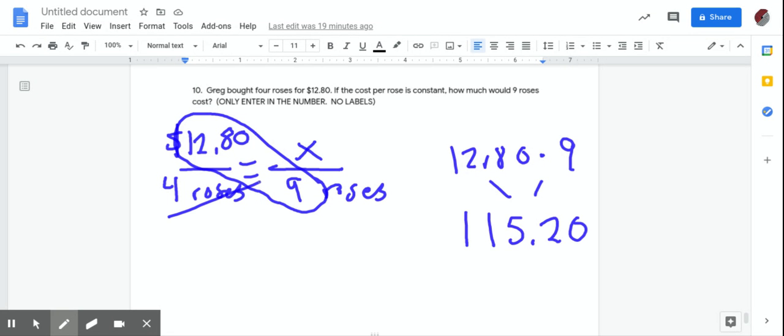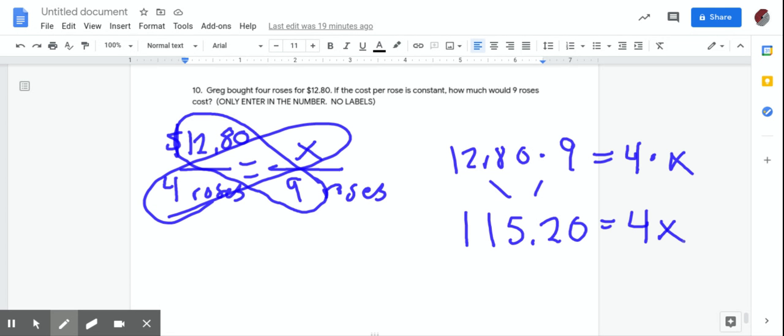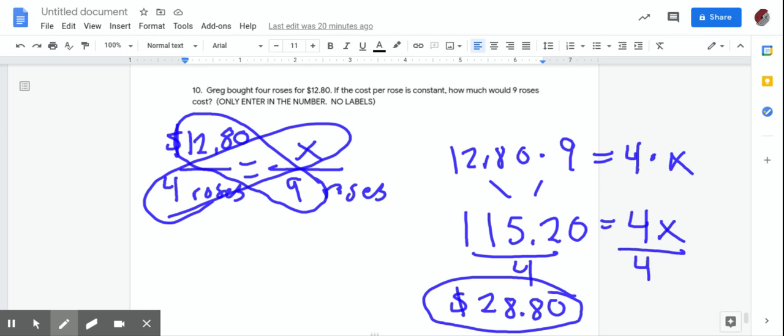And then I'm going to go 4 times x and have that equal to 4x. So I divide by 4. And 115.2 divided by 4 would give me 28.8. And I can add the 0 for money, so $28.80 for 9 roses.